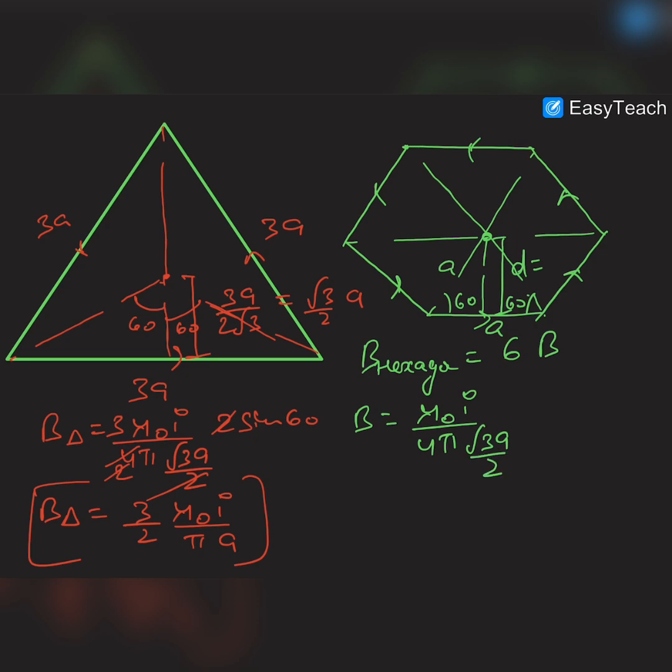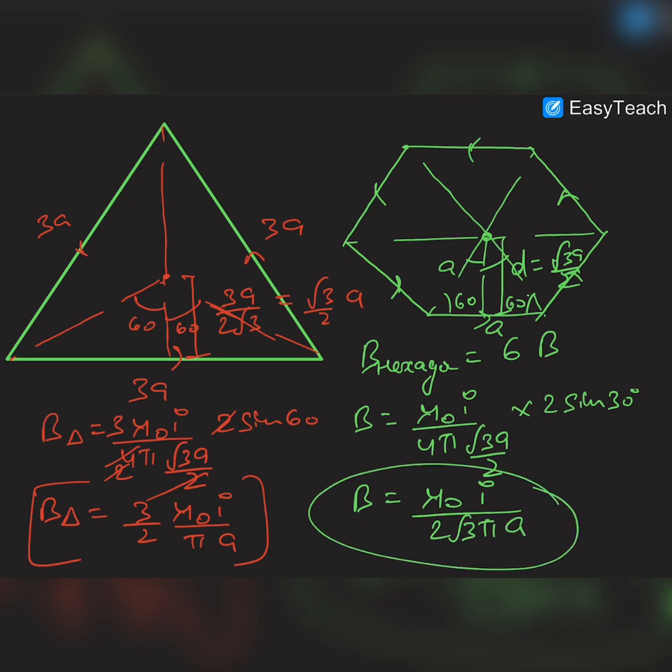This distance will be root 3 A by 2, and these two angles phi 1 and phi 2 will be equal to 30, so it would be 2 sine 30. The direction will be outside the plane only, and B will be equal to mu naught I by 2 root 3 pi A.